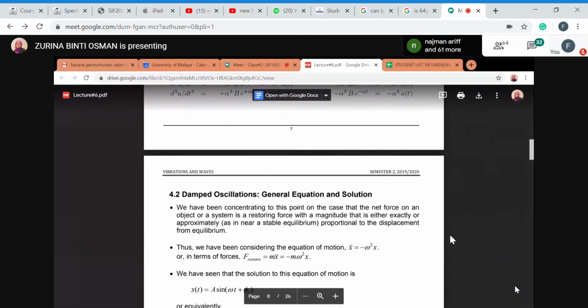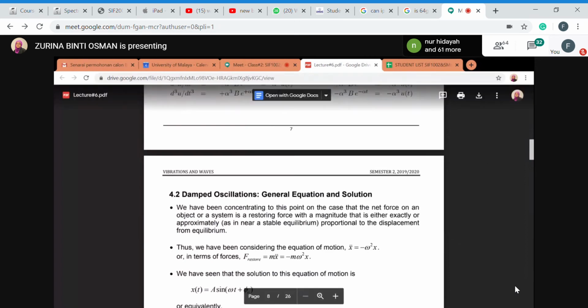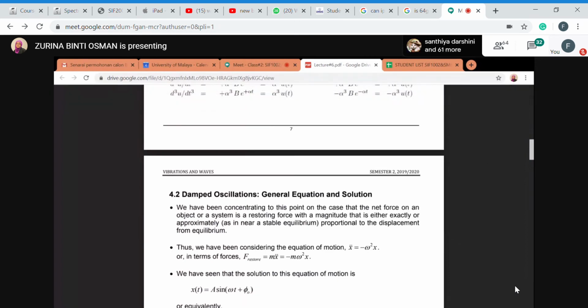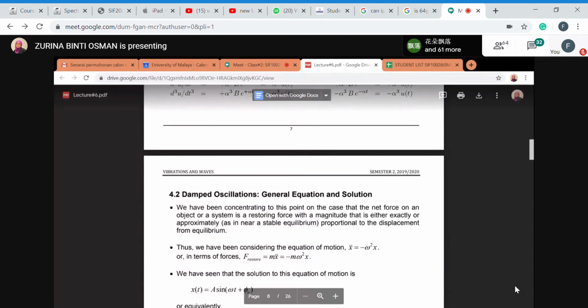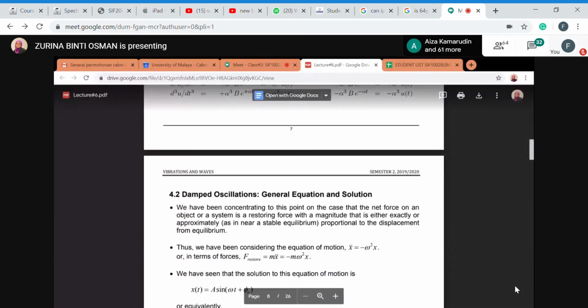Up to here we have been concentrating on the case where the net force on the object or system is a restoring force, which is what we discussed in simple harmonic motion. Its magnitude is either exactly or approximately, as in the case of the pendulum near a stable equilibrium, which is the condition for simple harmonic motion to happen, proportional to the displacement from equilibrium.